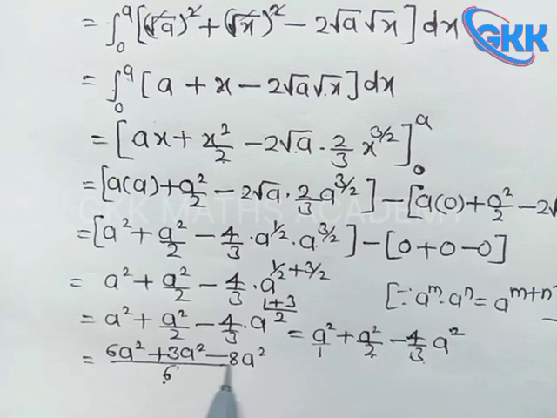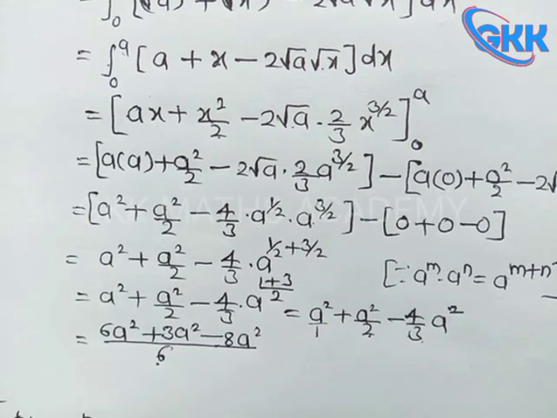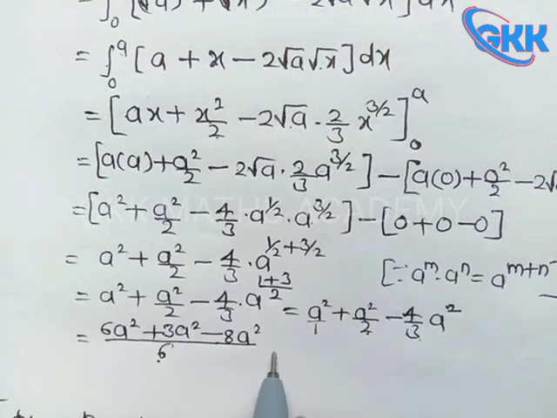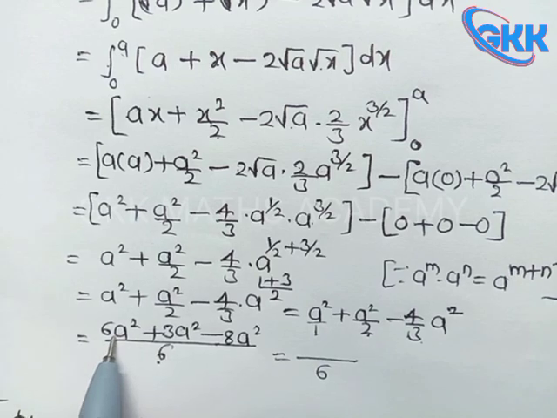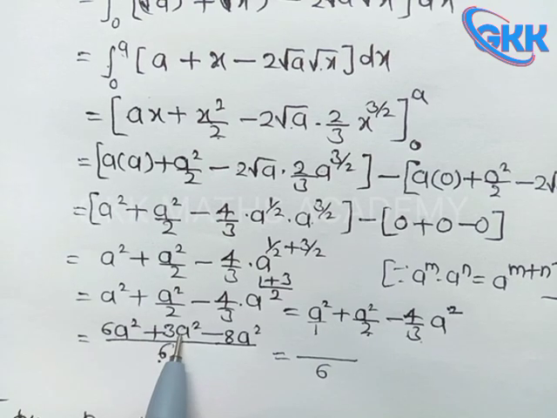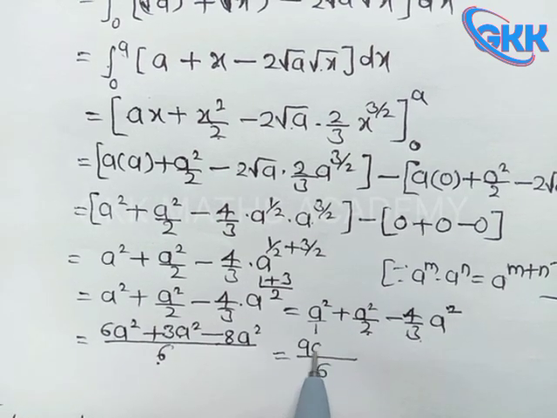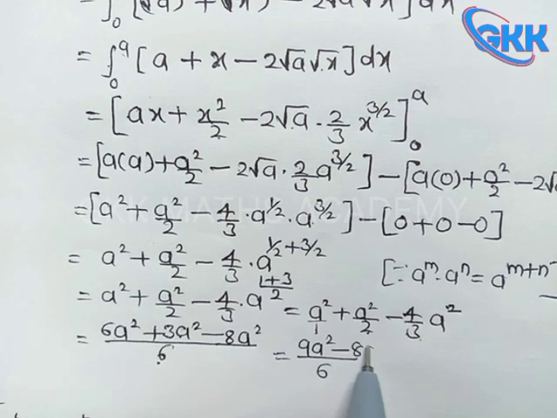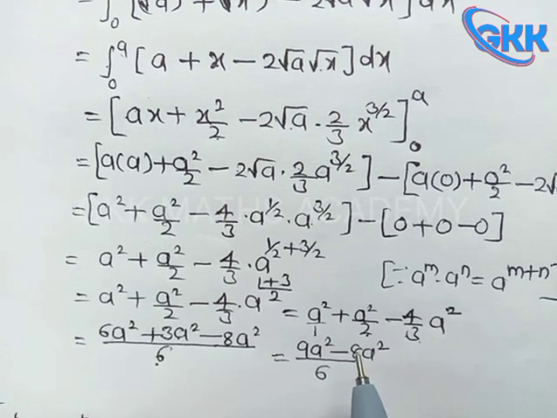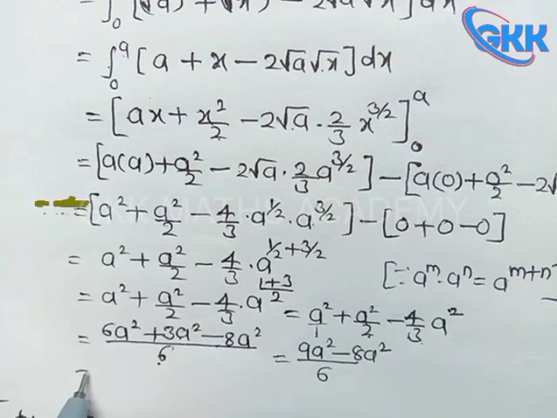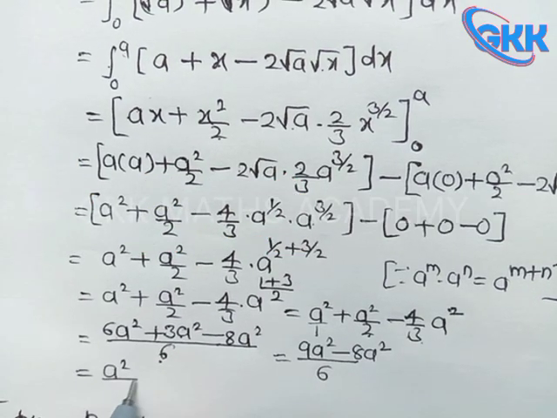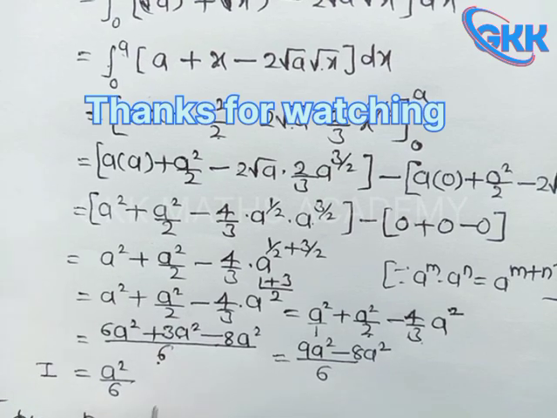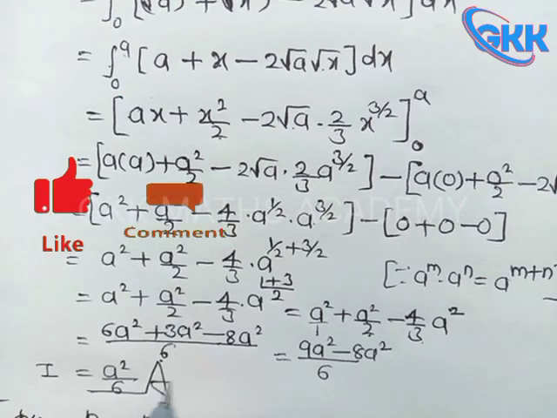Minus 8a square. Clear all of you? LCM is 6. 6 plus 3 is 9a square minus 8a square. So finally 9 minus 8 is 1, no? So a square upon 6. This is our final answer.